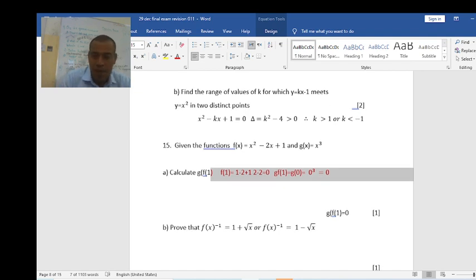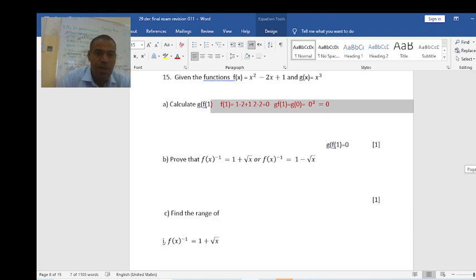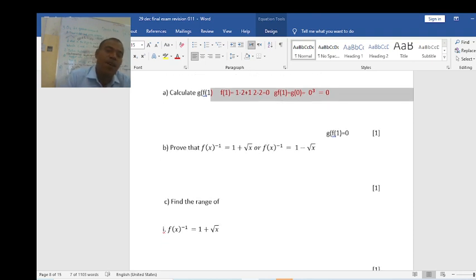Now the second question: prove that f inverse of x is 1 plus or minus the square root of x. It's very easy.